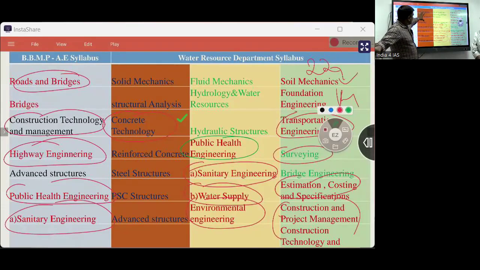So I will be handling category 1, all the subjects including fluid mechanics and hydraulic structures and the rest of it. I will handle the other parts like public health engineering, water supply, sanitation and transportation. Survey will also be handled.